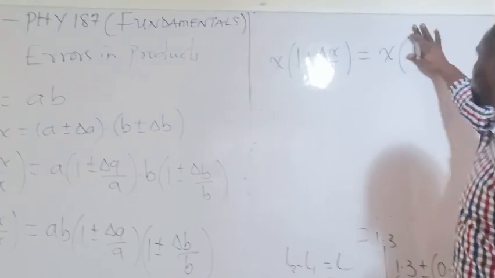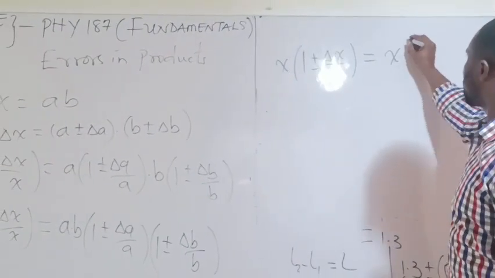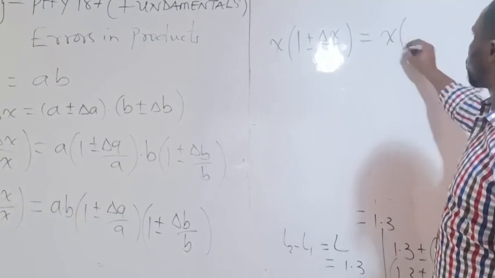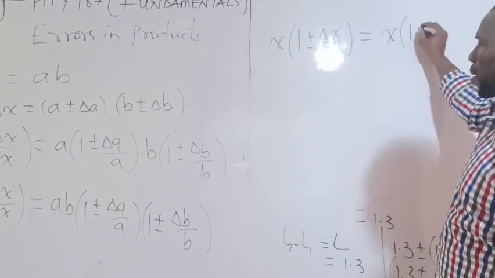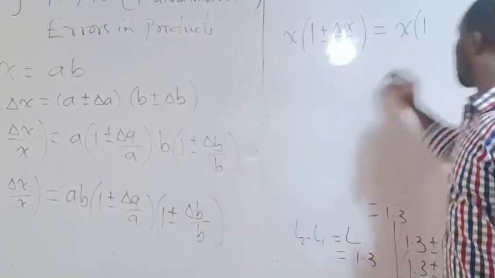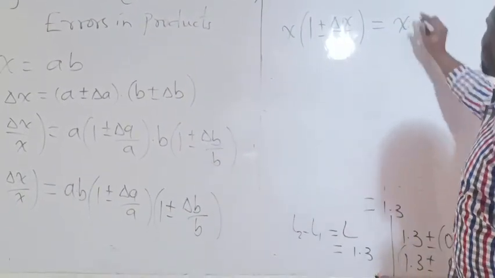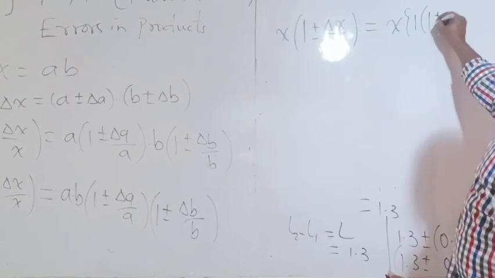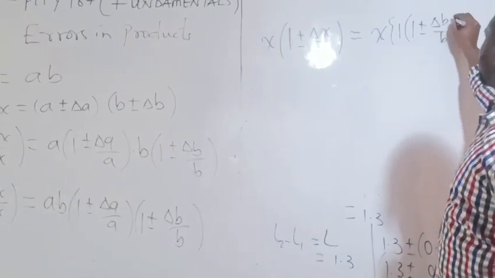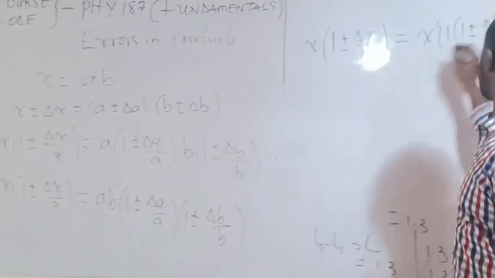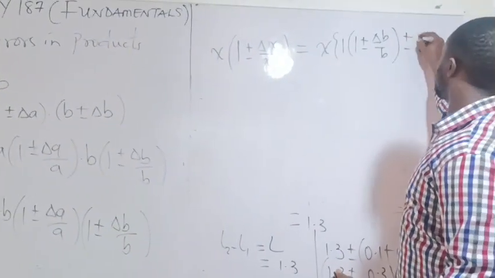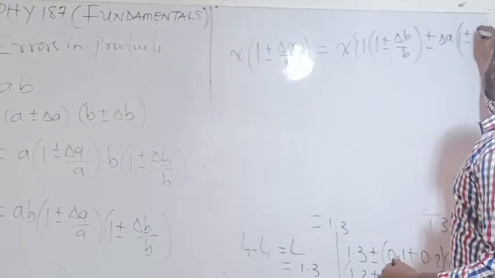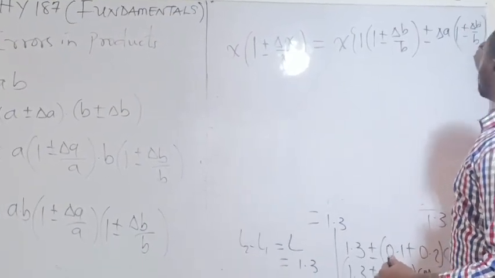So I have x into bracket 1 into bracket 1 plus or minus delta b over b. Then the next term is plus or minus delta a, and it will multiply the second bracket, which is 1 plus or minus delta b over b.